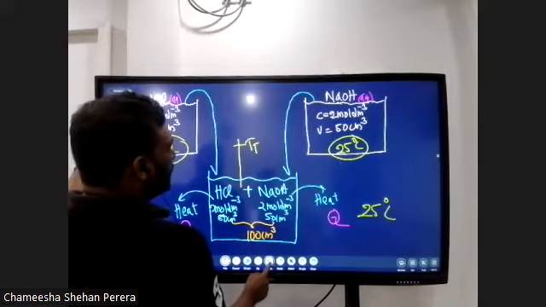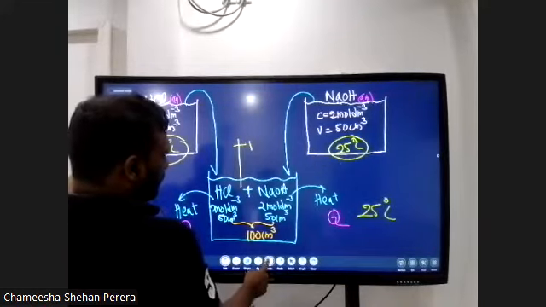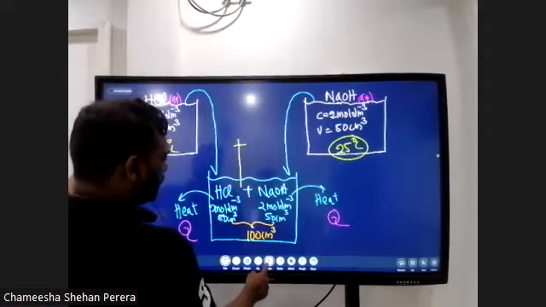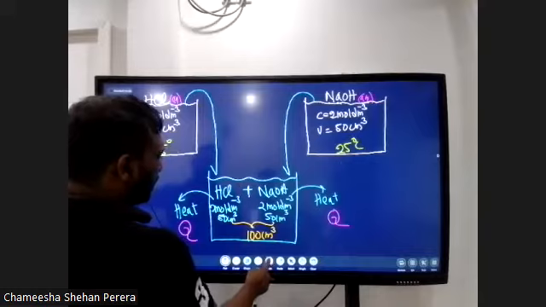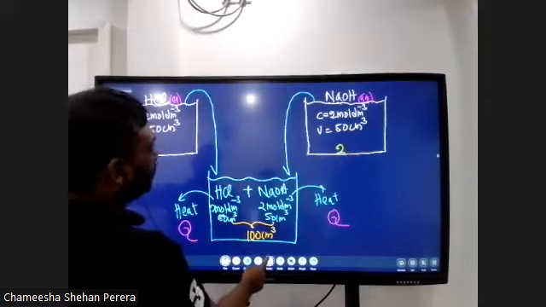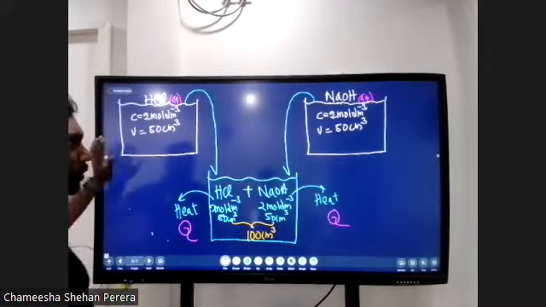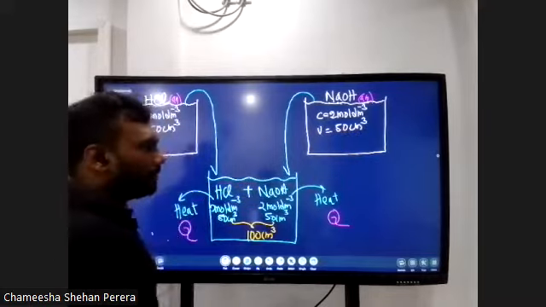Now, children, here is a case like this. Right? This is the case. Then we have to calculate the temperature final and the temperature initial. Let's deal with temperature initial first. As I told you, the temperature initial of both of these reactants is 25.